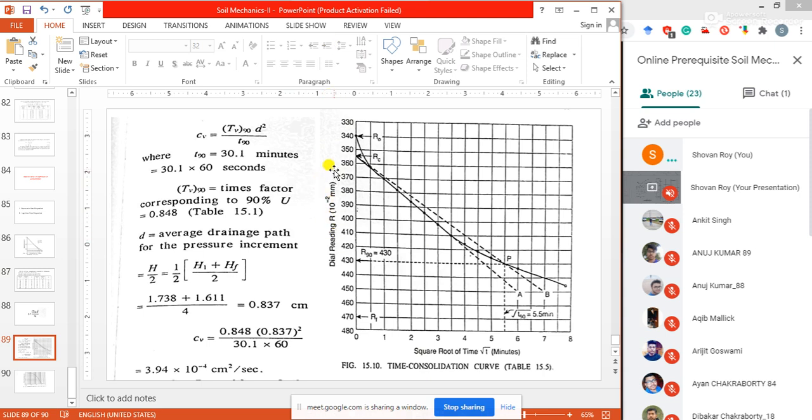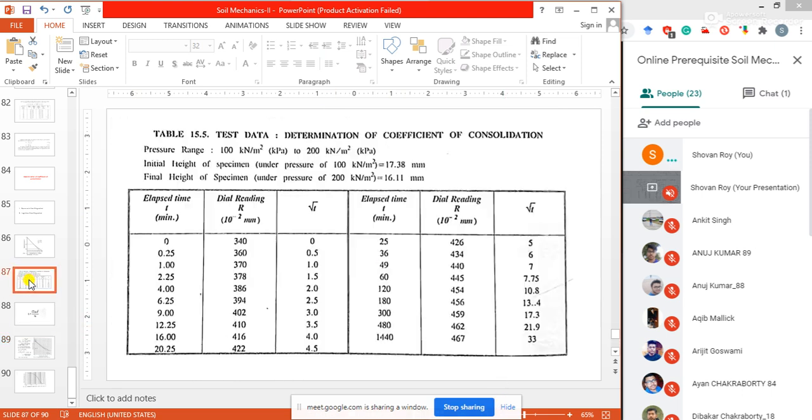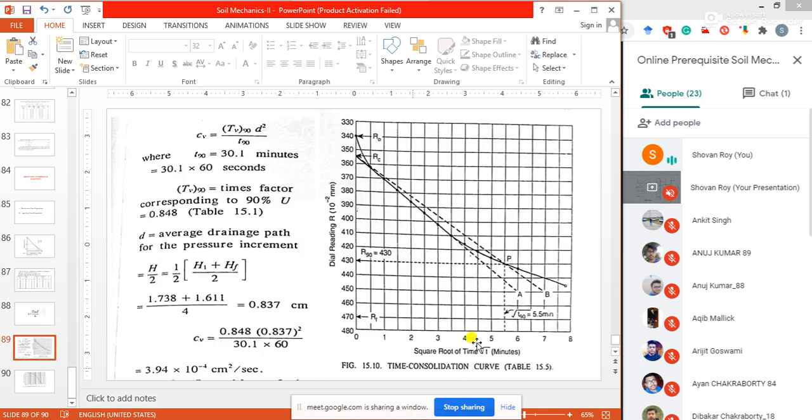So the y-axis is dial reading and the x-axis is square root of time, whose values are available from this table, and we collect the dial readings from our laboratory test. We know the elapsed time, because at these elapsed times we get these dial readings. After these values are available we can draw this graph.